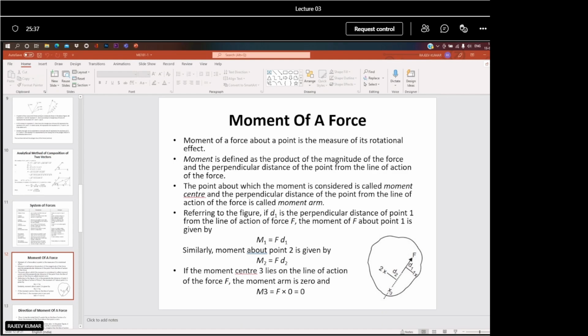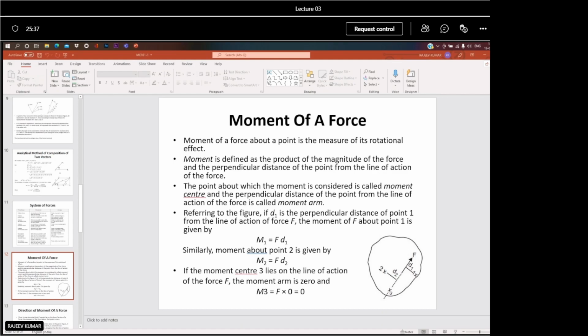In the same way, at another point, you want to create the rotational effect 2x, because at point 1x you have applied F1, and about point 1x it is rotating, but you have to keep the system in equilibrium, because you are studying the equilibrium of a system of coplanar non-concurrent forces. A rotational effect has been created, and you have to oppose it, meaning the same amount of rotational effect you have to create in the other direction. So whatever point of rotation 1x you have taken, you take the other side of the force.